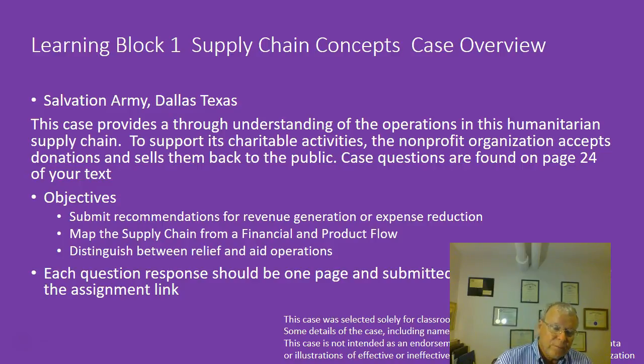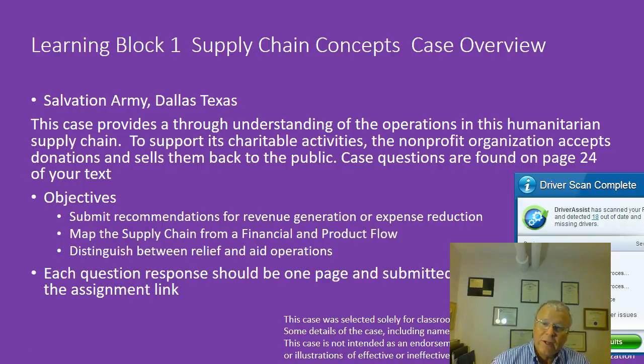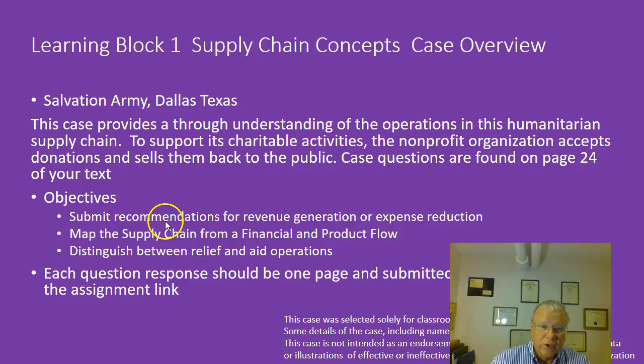If you go into the case and set that up as a very simple flow, I think it's going to help you understand what this case is all about, and then help you address whether it's revenue or expense or both, whatever recommendations you want to make. Also be cognizant that there's a difference between relief agencies, relief operations and aid operations, and the case does really distinguish that.